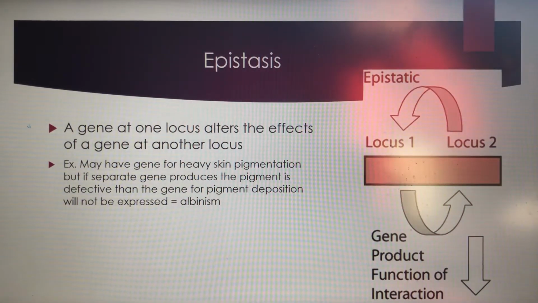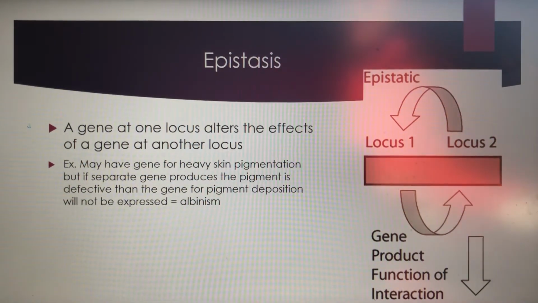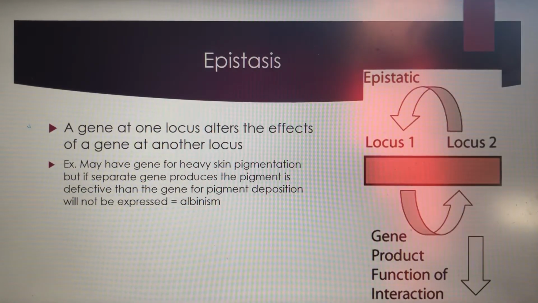There's a really great example in your book where they talk about the color of labs. If you know labs, you can have a brown lab, a black lab, or a yellow lab.